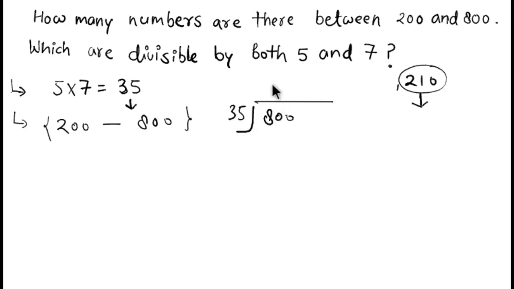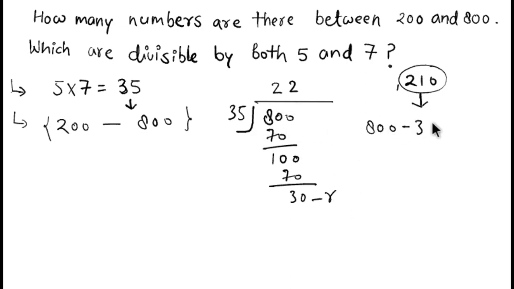So 35 times 20 is 700, remainder 100, and 35 times 2 is 70 again, and the remainder is 30. To get the biggest number, I just subtract this remainder from my dividend 800. So I got 770. So 770 is the biggest number which is divisible by 35 between 200 and 800.